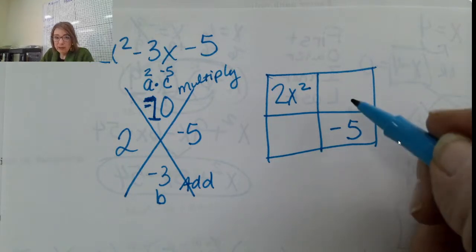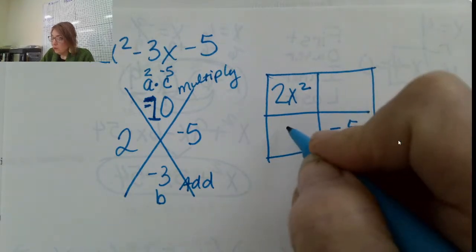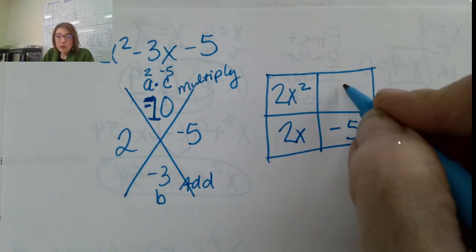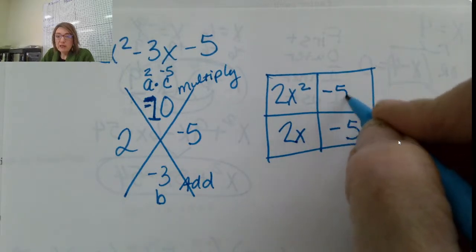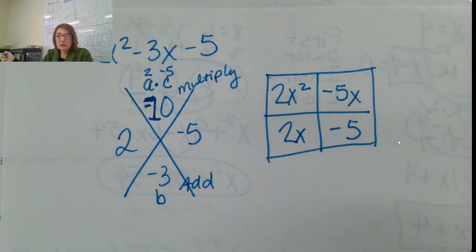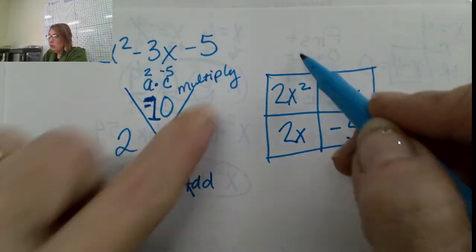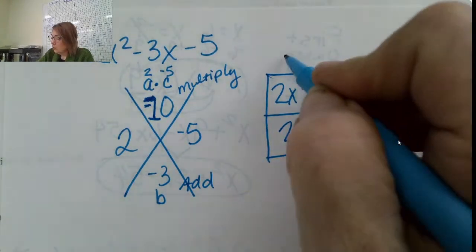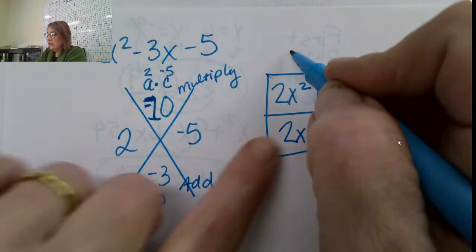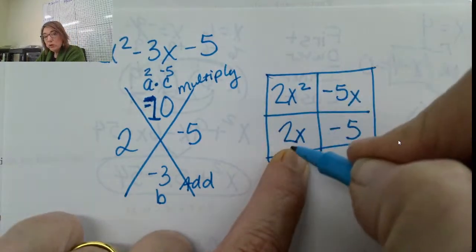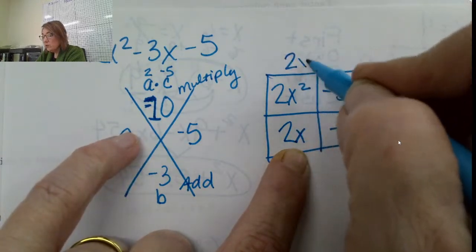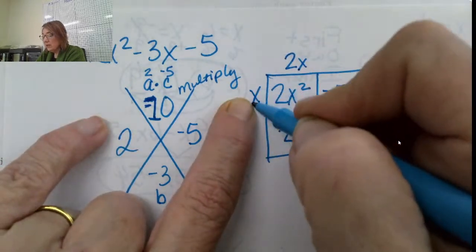But if we put 2x in this one, and we put negative 5x in this one, let's see if we can make this work. So what would we multiply to get 2x squared? 2x and x. Since there's a 2 down here also, we need to put the 2x right here and put the x right there.